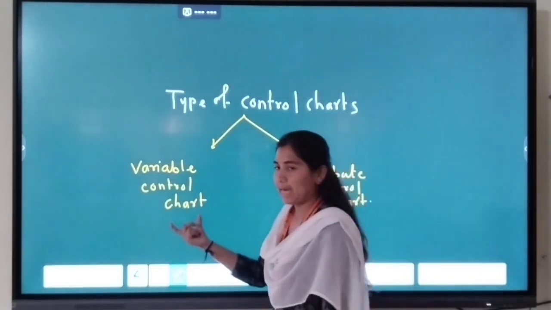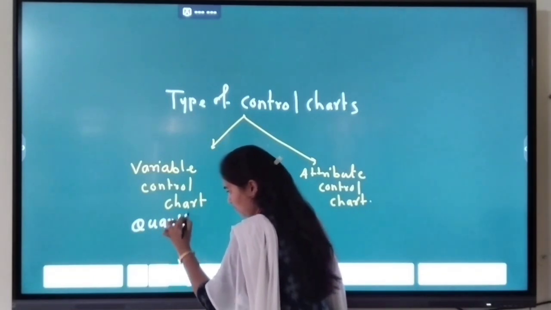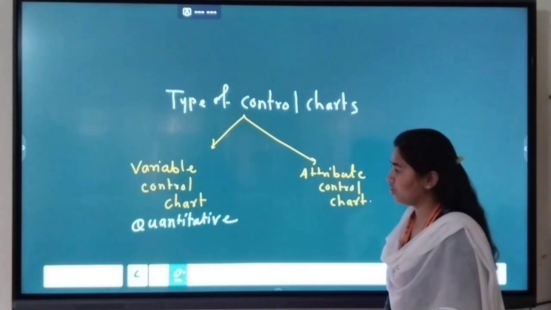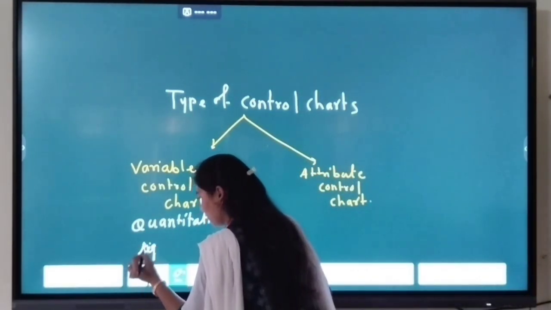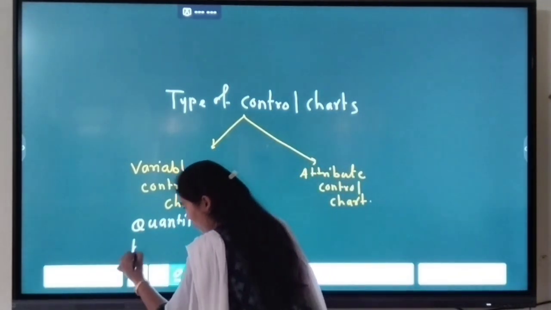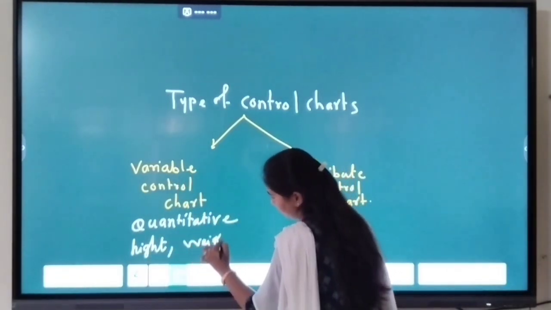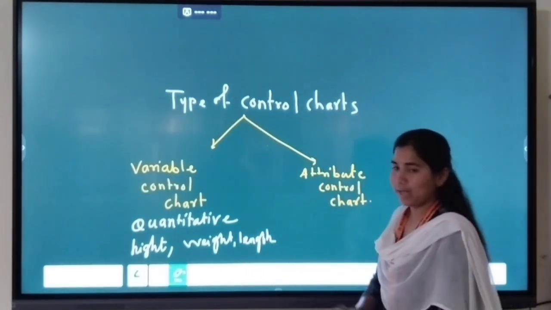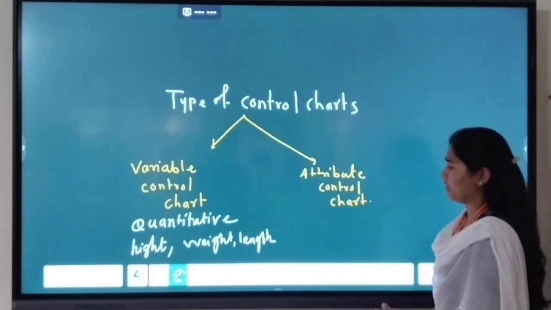If the characteristic under study is quantitative, then we use a variable control chart. Quantitative means like the height of a product, weight of a product, or length of a product. These are quantitative characteristics. Then we use a variable control chart for controlling the manufacturing process.